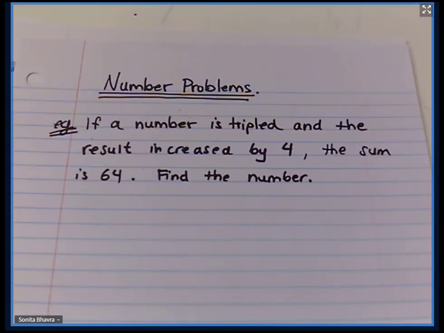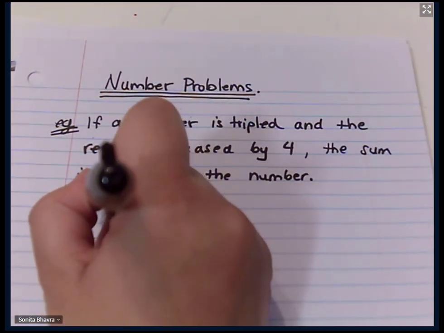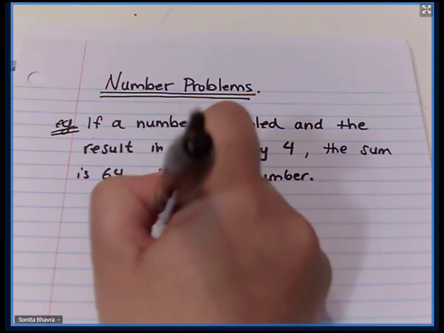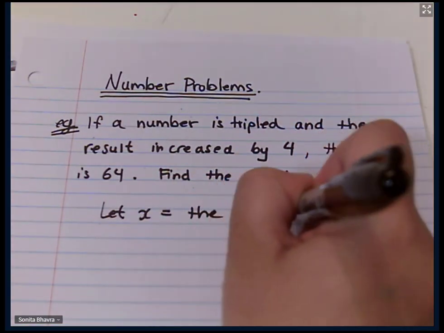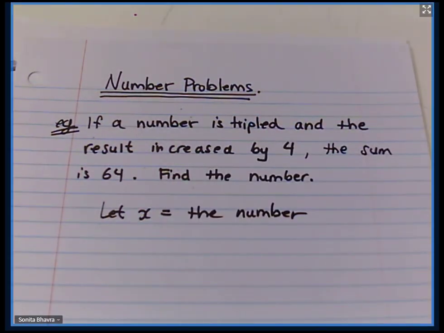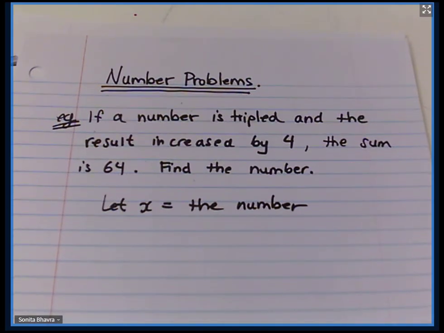Our first example: if a number is tripled and the result increased by 4, the sum is 64. Find the number. We're going to let X be the number. Now our second step is to come up with our equation.